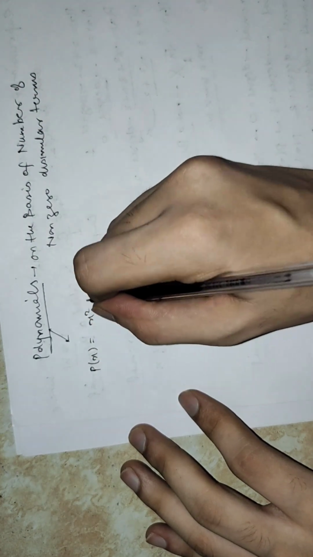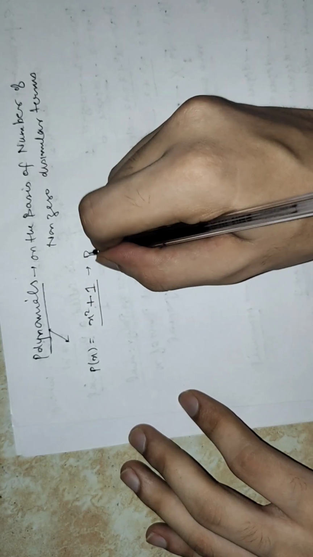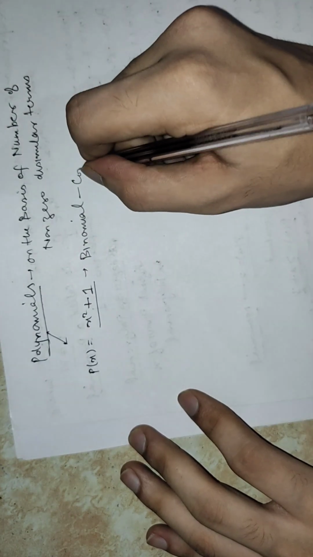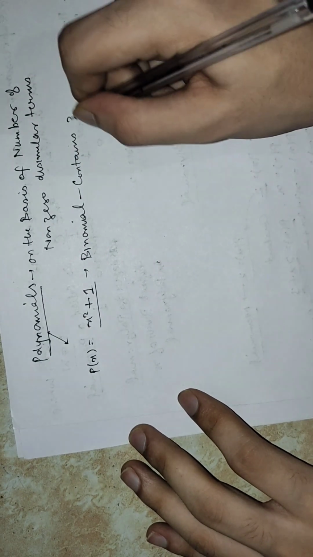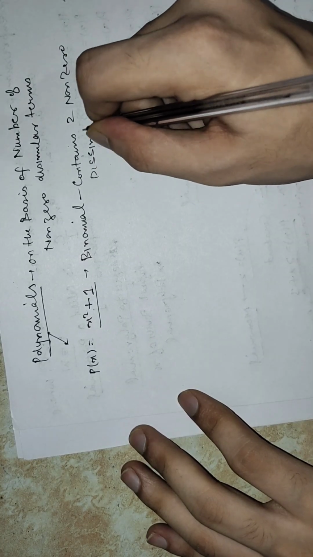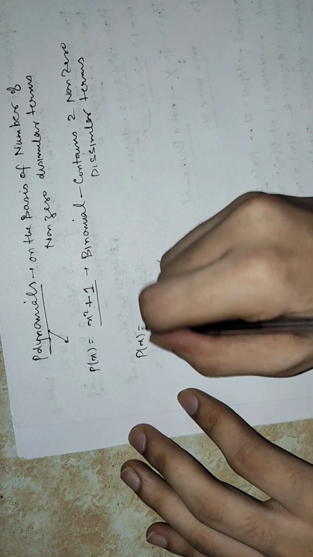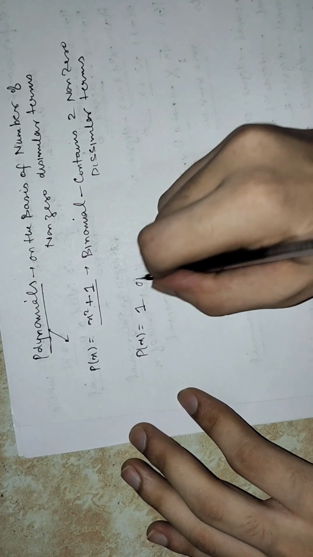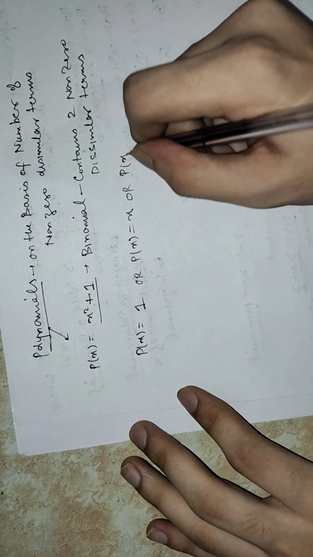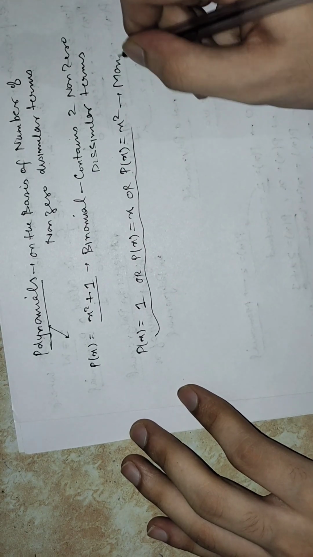P(x) = x² + 1. This is a binomial, as it contains two non-zero dissimilar terms. P(x) = 1, or P(x) = x, or P(x) = x². These all are examples of a monomial.